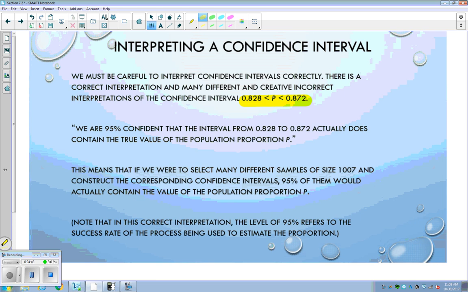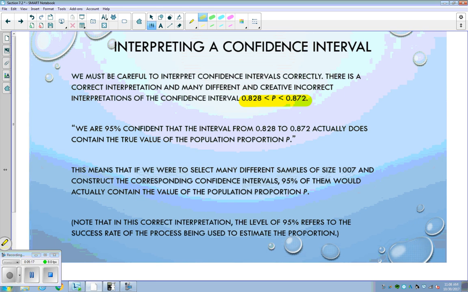What that actually means is that we are 95% confident that the interval from 0.828 to 0.872 actually does contain the true value of the population proportion P. We're getting that from our sample, from P hat, and then we're setting a level of confidence and finding what that interval will be.